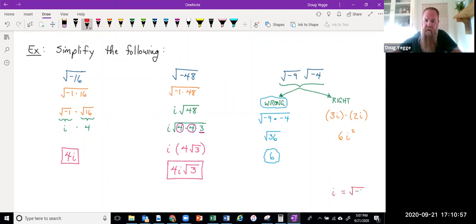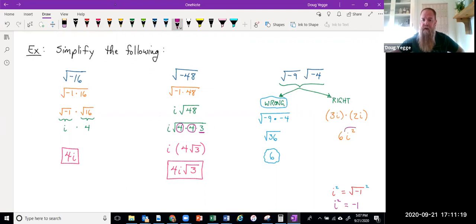root of negative 1, then what happens when I square i? We'll notice that the square cancels with the square root, and therefore I'm left with the fact that i squared is negative 1. So when I take an imaginary number and square it, it becomes a real number again.